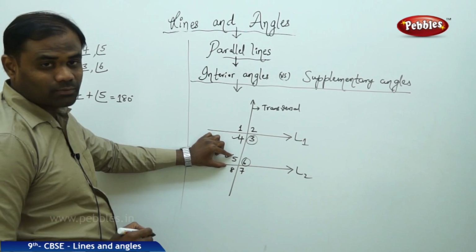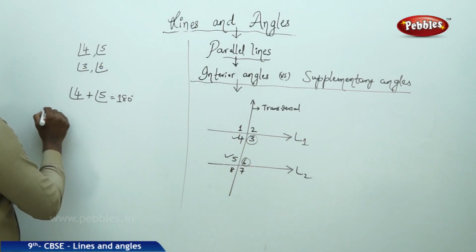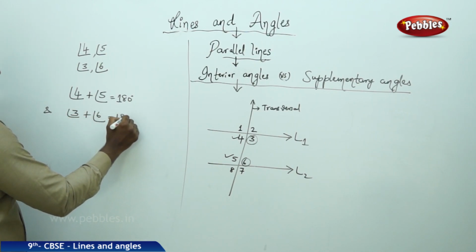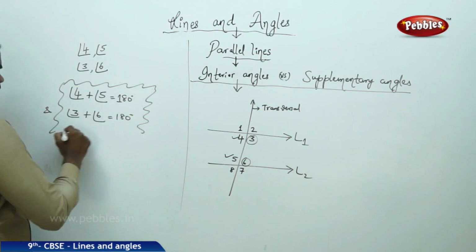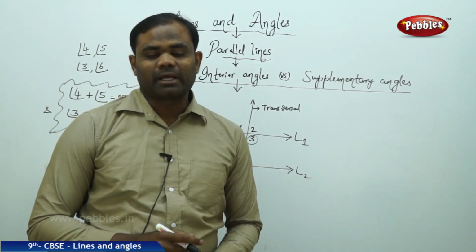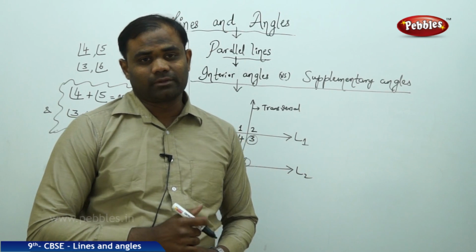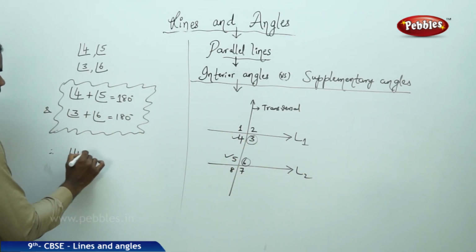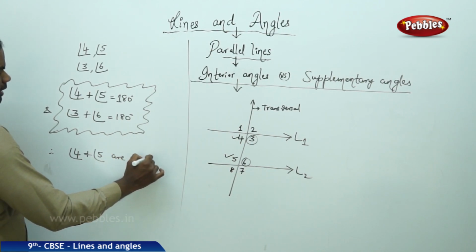This plus this is 180 and this plus this also is 180. Interior angles on the same side of transversal are supplementary. The sum is 180. Therefore, angle 4 and angle 5 are supplementary angles.